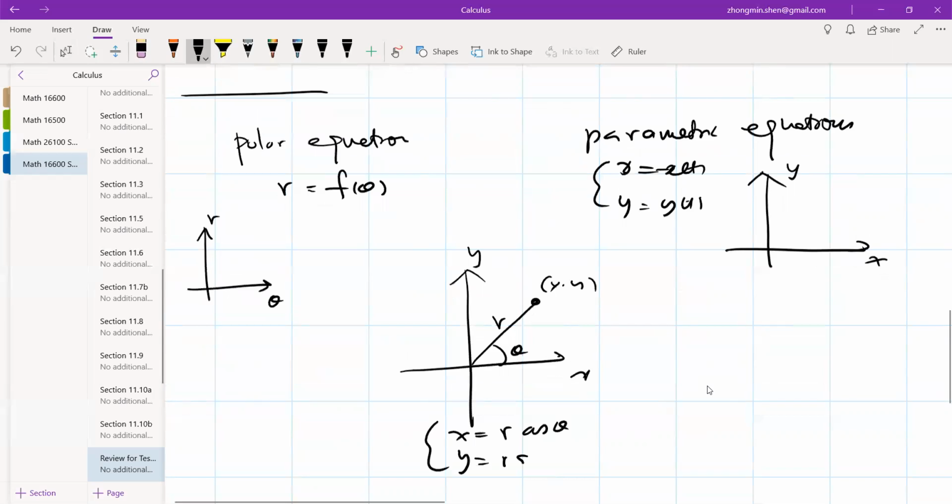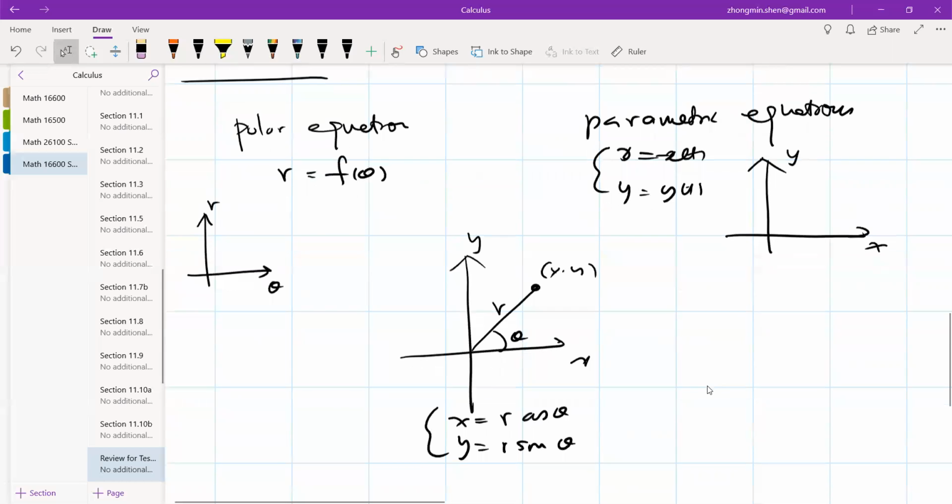Every point in the xy plane can be described not only using x and y, it can also use theta and r.